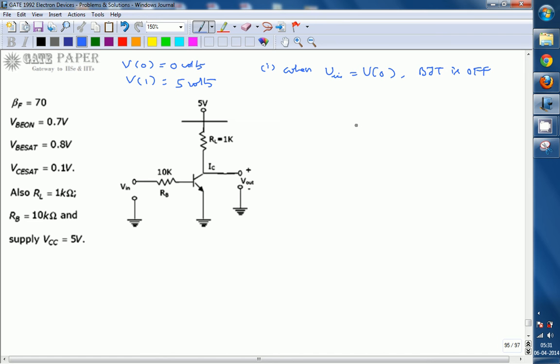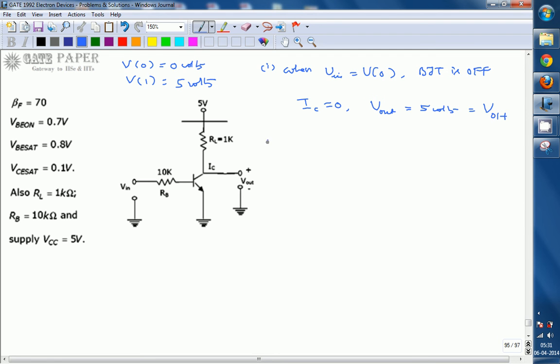By that time no current flows through the collector, so IC is equal to 0. That makes V out equal to 5 volts. This 5 volts is treated as VOH, the output voltage.